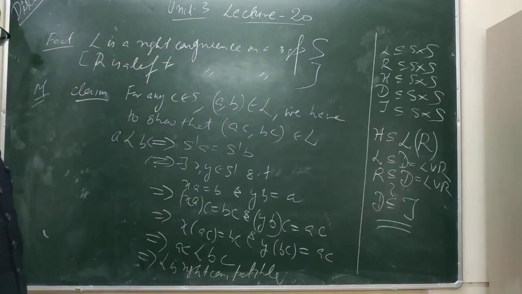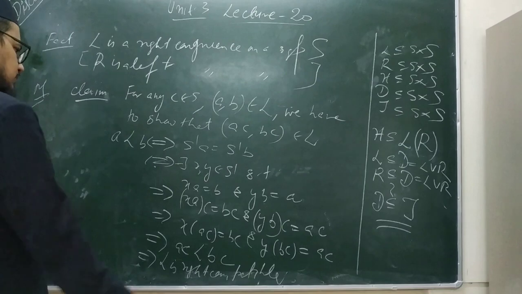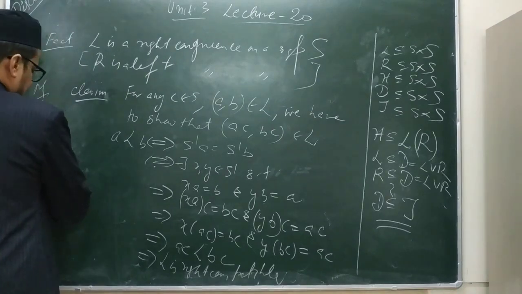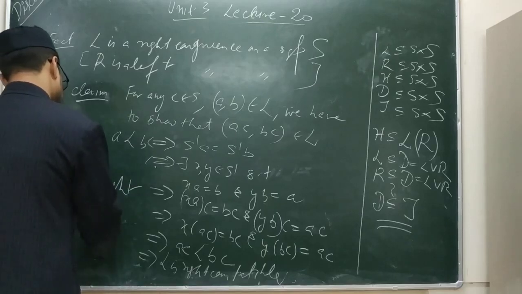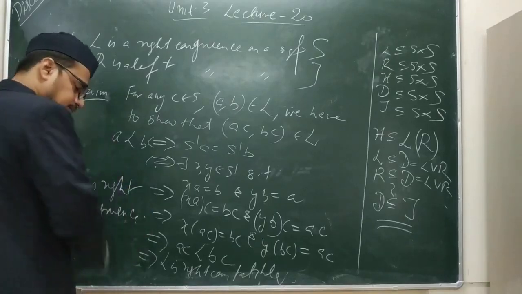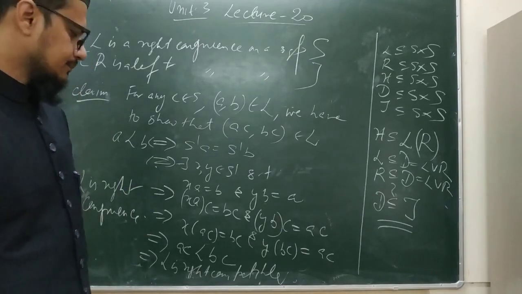So being right compatible, equivalence relation is what? Right congruence. So you can write, hence, L is right congruence. Correct.